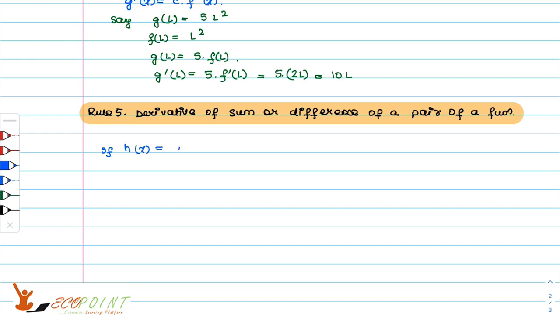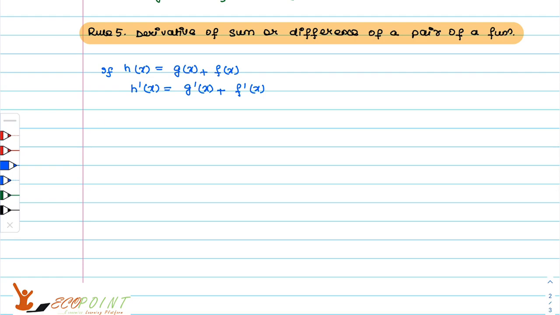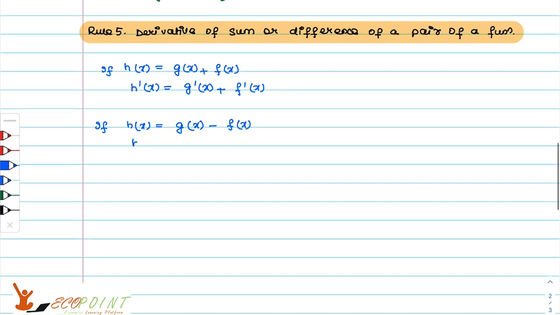If you have the function h(x), which is the sum of two functions, then h dash x will also be the sum of the derivatives of the two functions, right? If you have the function h(x), which is the difference of two functions, then h dash x is the difference of the derivatives of the two functions.